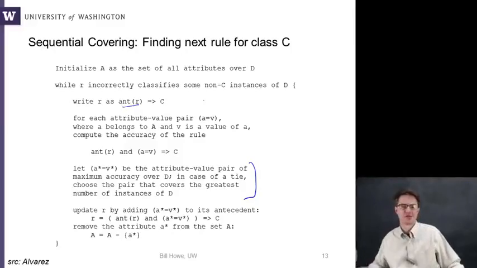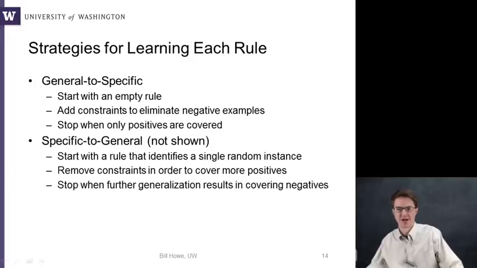Okay, so in this case we started from an empty rule and we incrementally added constraints until we started incorrectly classifying some negative examples. But you can do it both ways. So there's a couple different strategies here. One is to go from general to specific, as we just did, which is start with the empty rule and add constraints to eliminate negative examples and stop only when all you have left are positives.